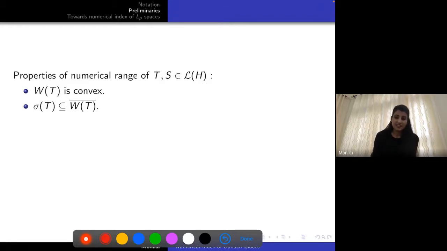Also, if T is normal, the convex hull of the spectrum coincides with the closure of the numerical range. It means in that case, if we have knowledge of the numerical range of the operator, we can easily find the spectral radius.